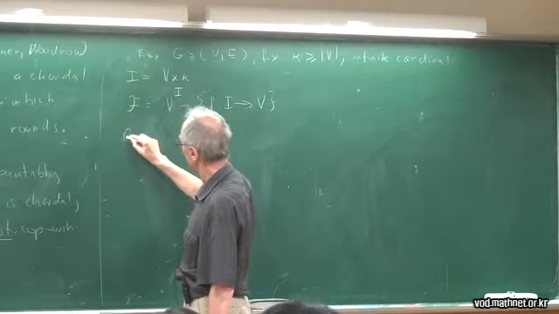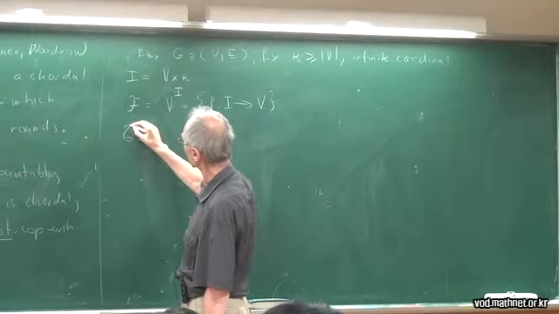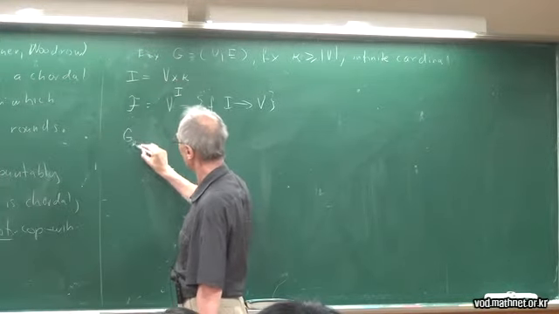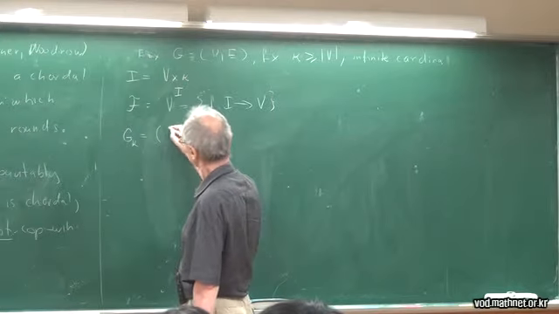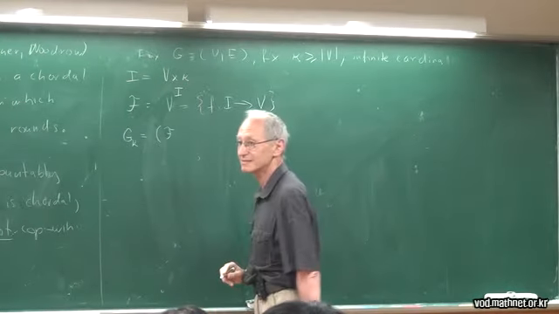Construct a graph G tilde, or G sub kappa, to have vertices these functions.